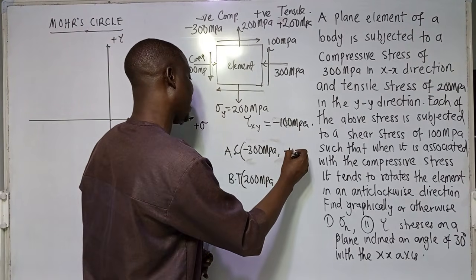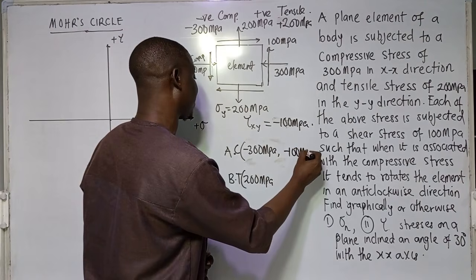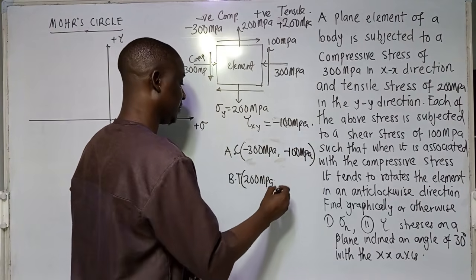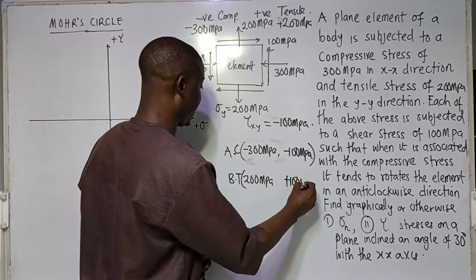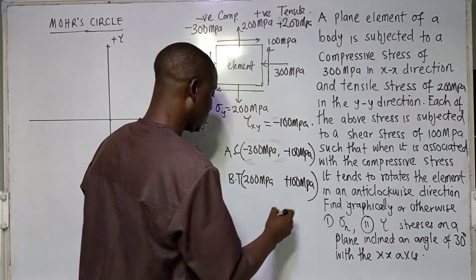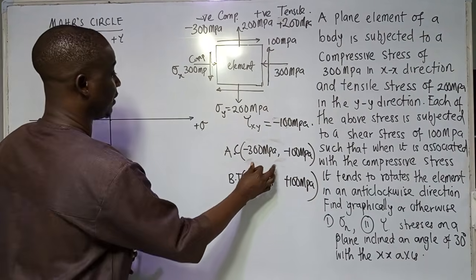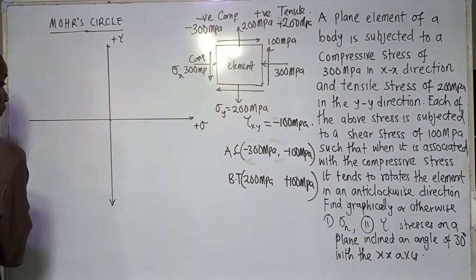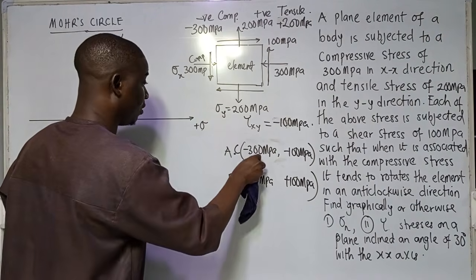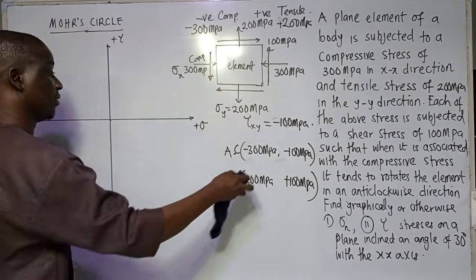So minus 100 megapascal should be here, then plus 100 megapascal should be here. In this case, we have our parameters complete.